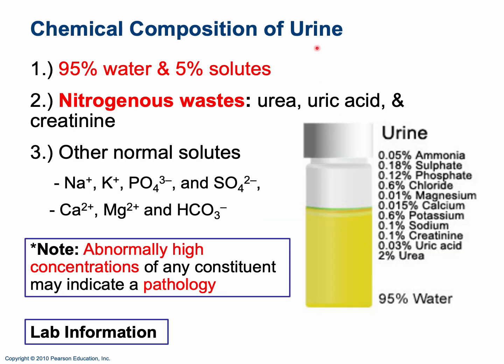Well, what exactly is in the urine? So we look here at the chemical composition of urine. Again, these are items you would find in a normal situation. Approximately 95% of urine is made up of water and 5% solutes.